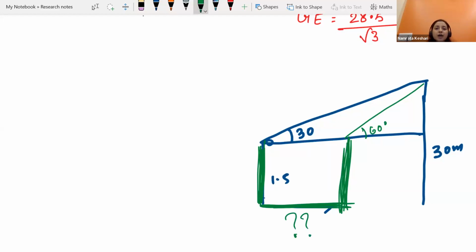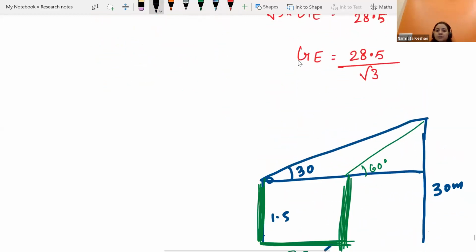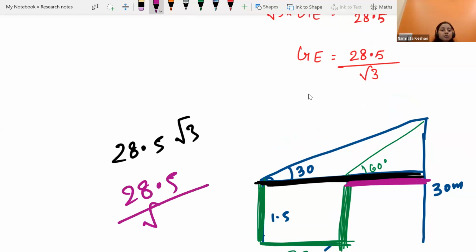Then what have we found so far, what do we have in hand? Yes, so far we are moving in the right direction. Let me show you what we have found. We have found that BE is 28.5 root 3. We have found that this complete is 28.5 root 3 by using the concept of right angle triangle. And then we have found that this much is 28.5 by root 3.